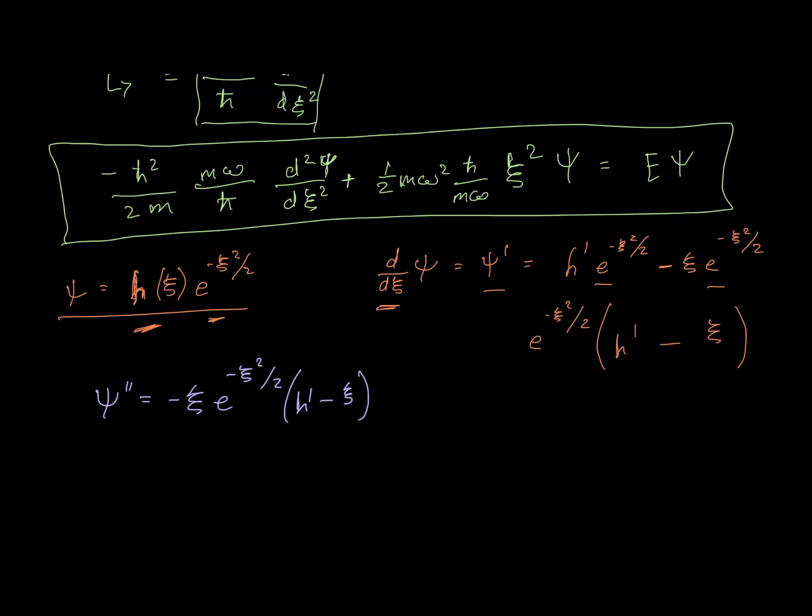Plus the first one, which is just e to the minus c squared over 2, times the derivative of the stuff on the inside, which is going to be h double prime minus 1. Okay, did I do that correctly? I believe so.